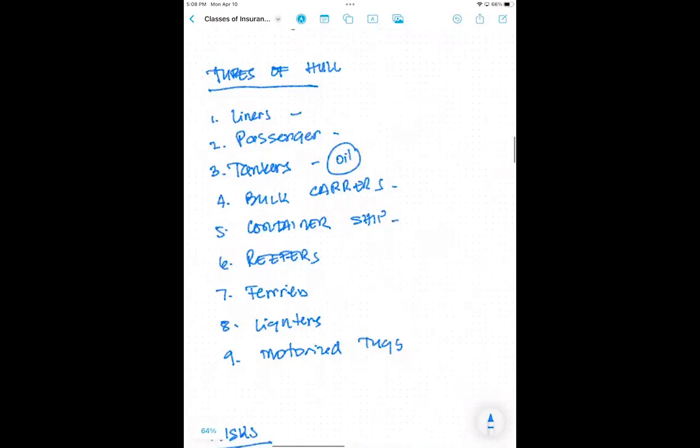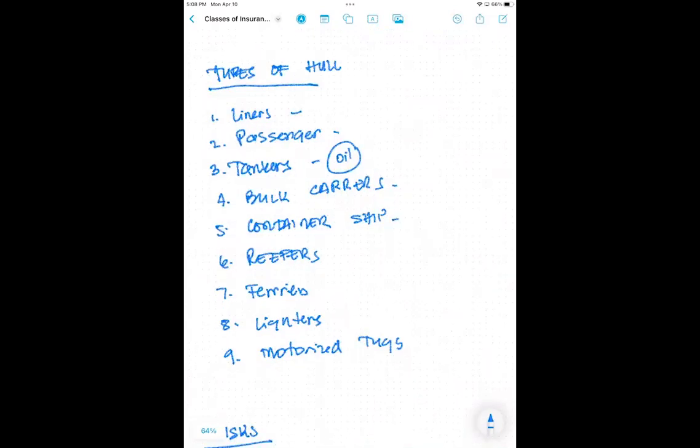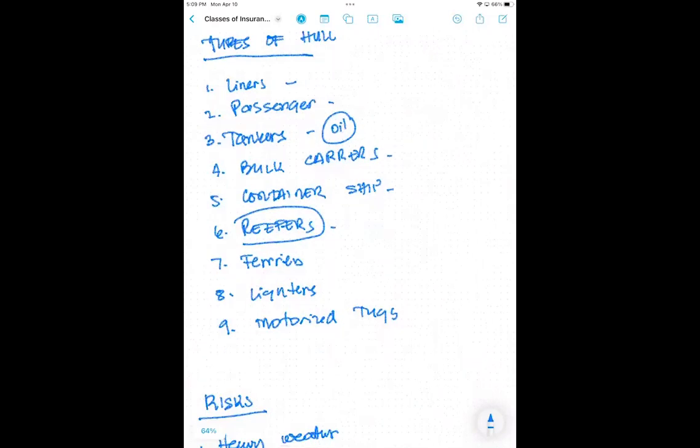Container ship, these are ships that are designed to carry containers, the boxes. Refrigerated cargoes are the ones carried by reefers. So these are used to, let's say, for example, transport perishables that should be kept refrigerated.